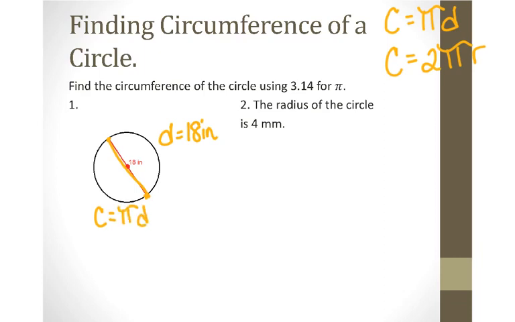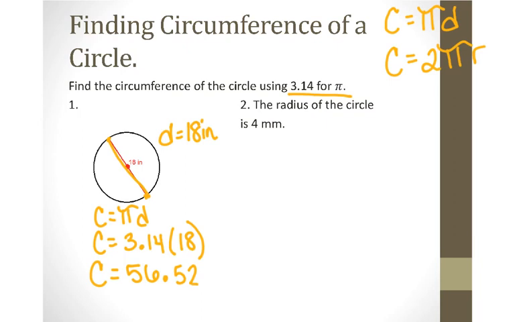And then I'm going to fill in what I know. So that means circumference is equal to pi. Well, up in the directions, it tells me to use 3.14 for pi. So I'm going to use 3.14 times my diameter, which is 18. And then I'm going to multiply that using a calculator. And when I do so, I get exactly circumference is equal to 56 and 52 hundredths.